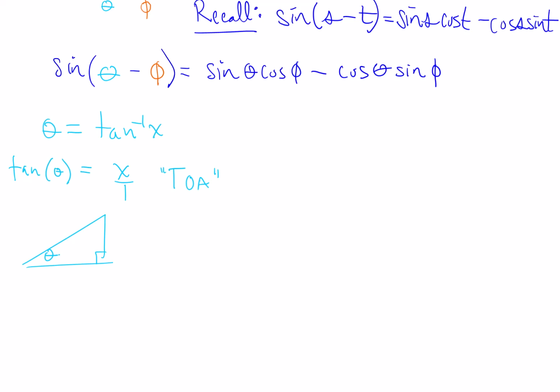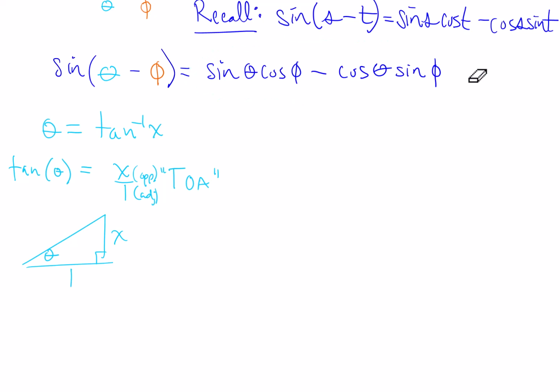And if we have opposite over adjacent given as x over 1, then the opposite from theta, across from it, would be x, and the adjacent right next to it would be the side 1. Now, if we set up our right triangle that way, it works for our ratio, tangent theta equals x over 1, opposite over adjacent. And furthermore, we might be able to utilize this for the rest of what we need to fill in for our big old subtraction formula above, which involves cosines and sines of this angle theta.